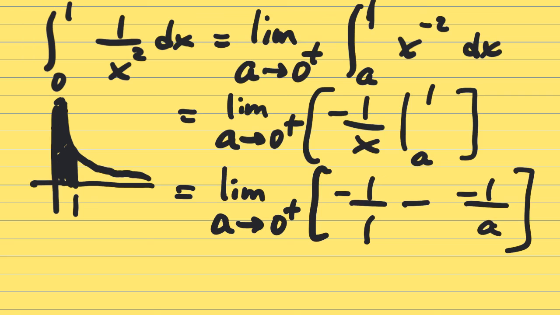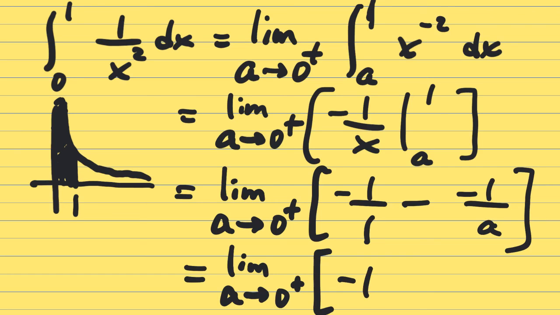It's always top minus bottom. I just got a little carried away. Negative 1 plus 1 over a.